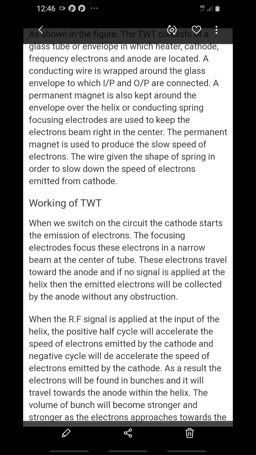These electrons travel towards the anode, and if no signal is applied at the helix, then the emitted electrons will be collected by the anode without any obstruction.